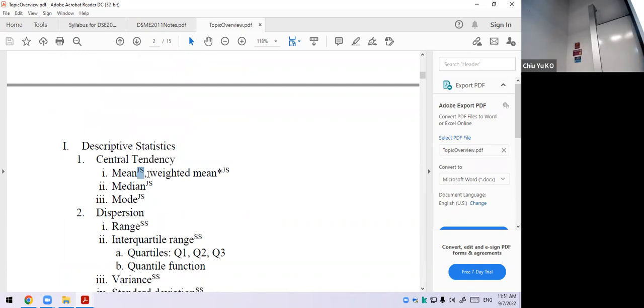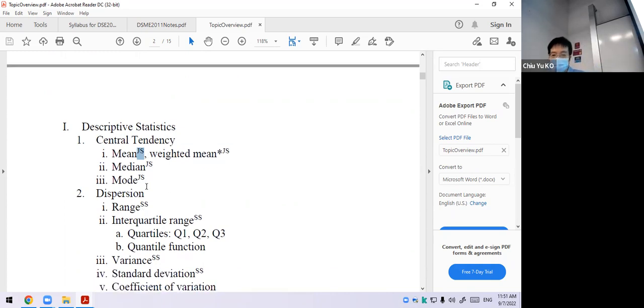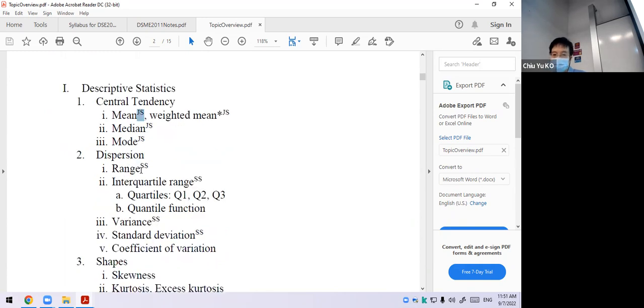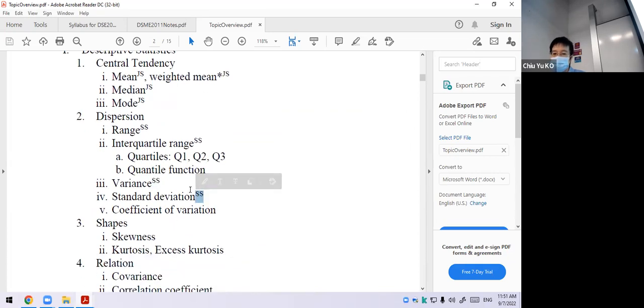Junior school refers to the Hong Kong secondary school syllabus. The mean, median and mode, which we covered today, you learned in junior school. You also learned the range and interquartile range in senior school, and variance and standard deviation you learned already.